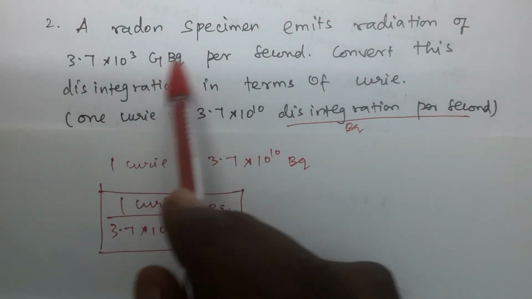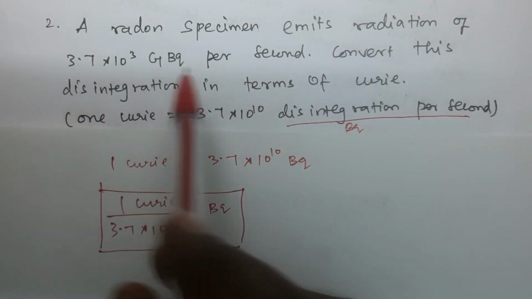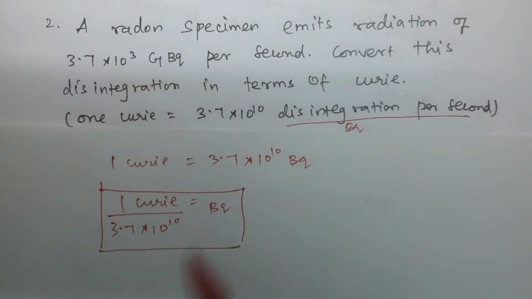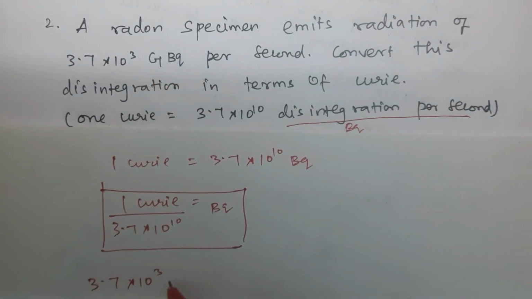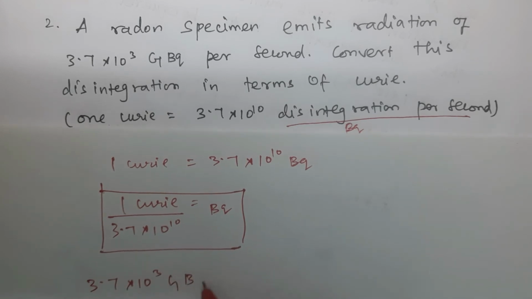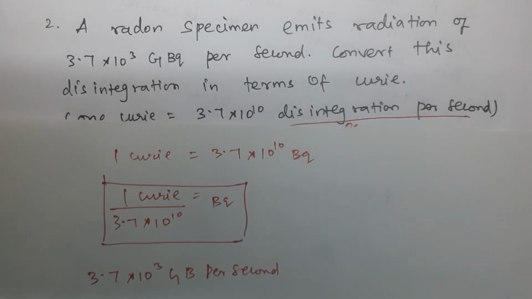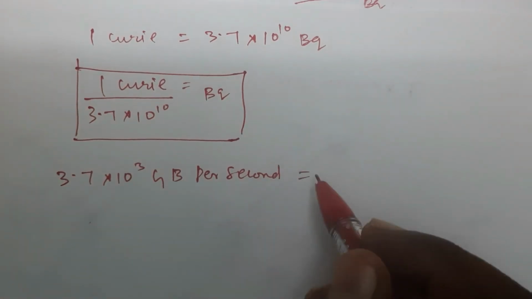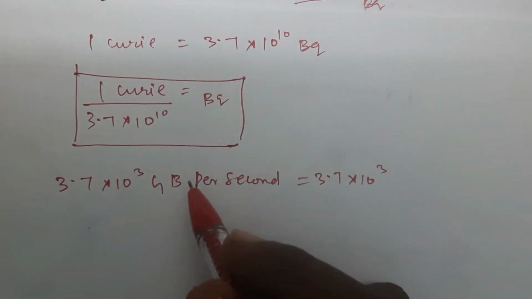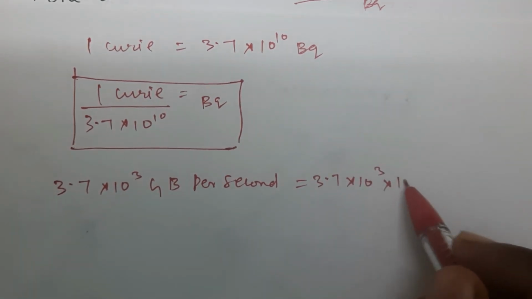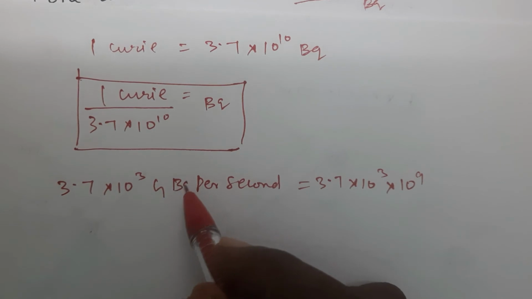Then the radon specimen emits a radiation of 3.7 × 10^3 gigabecquerel per second. This one we are going to convert into Curie: 3.7 × 10^3 giga. The giga represents 10^9. This is becquerel.